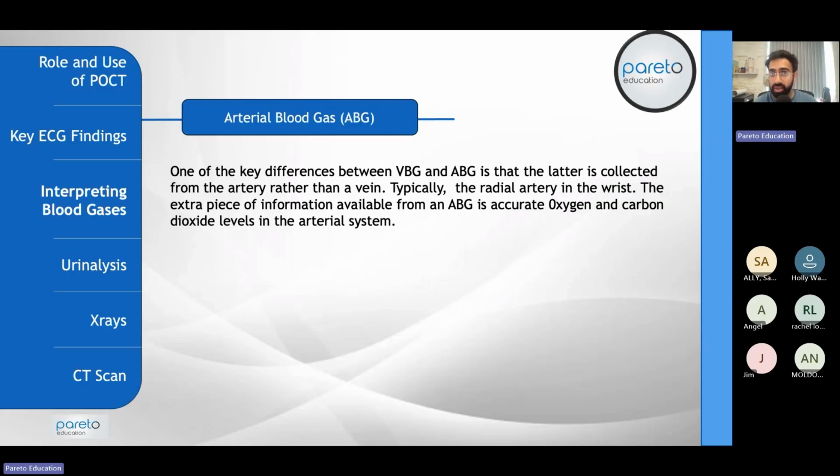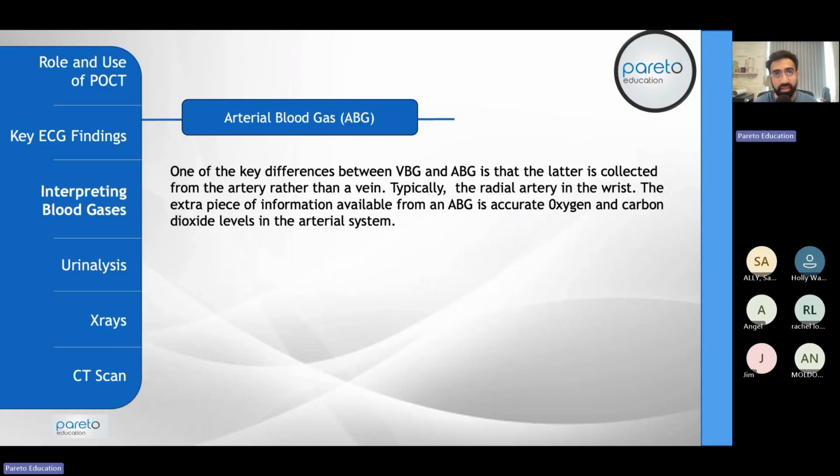Some clinicians like to inject some local anesthetic, some like to put some EMLA cream, but most clinicians just like to go straight in there because of the acute nature of doing an ABG. The extra pieces of information that we normally get from an ABG are oxygen and, of course, carbon dioxide levels in the arterial system.